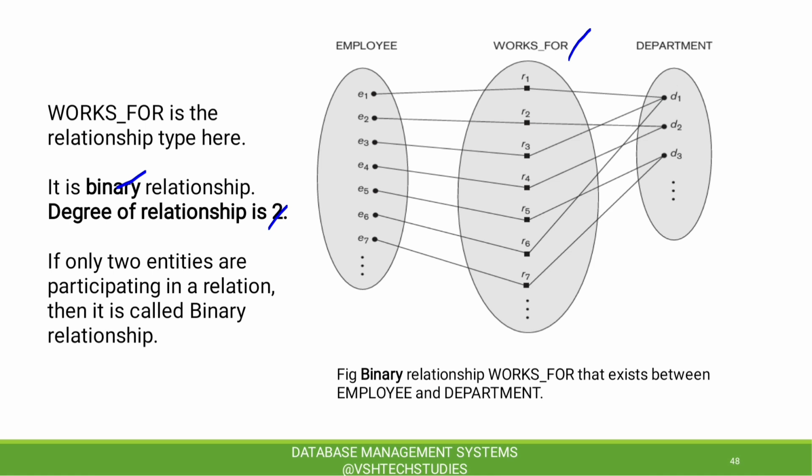One is employee and another is department entity type. If only two entities are participating in a relation, then it is called a binary relationship. This figure is showing the binary relationship works for that exists between employee and department entities.